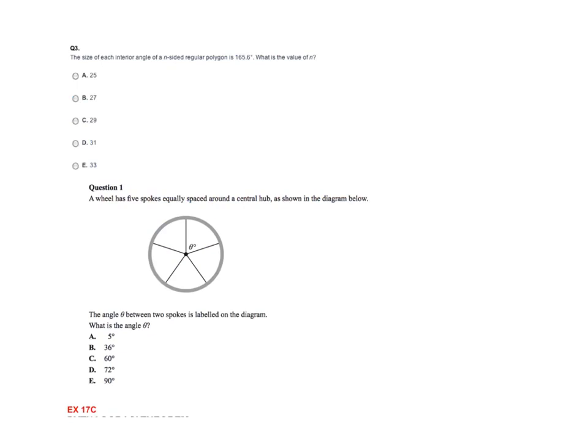The size of an interior angle of a regular polygon is 165.6. What's the value of n? So you know you're looking for the interior angle formula, which we just did before. So it was 180 times n minus 360 divided by n. Now you know what it is equal to.